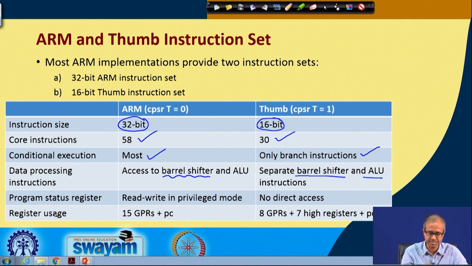And for registers, in ARM mode you can use the 15 general purpose registers R0 to R14 and the PC, but in Thumb you can use the 8 GPRs, 7 high registers and PC. High register means high order registers. There are some specific registers which can be accessed, so only a subset can be accessed here, that is what is meant.